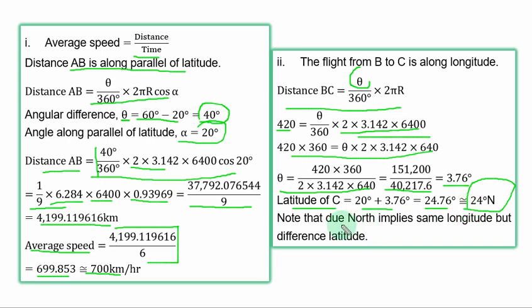Note that due north implies same longitude but different latitude. And you know, if you are to get the angular difference when the points are on different sides of the equator, you simply add. So hence we need to add the latitude of B to this point in order to get the latitude of C as 24 degrees north.